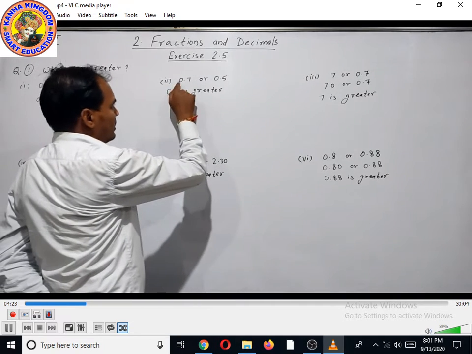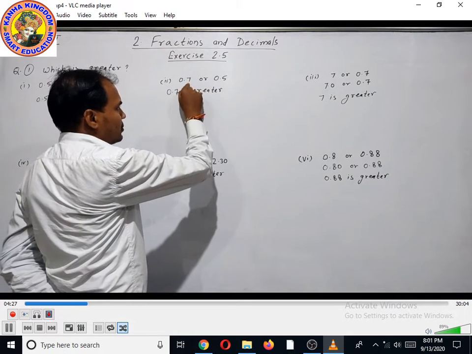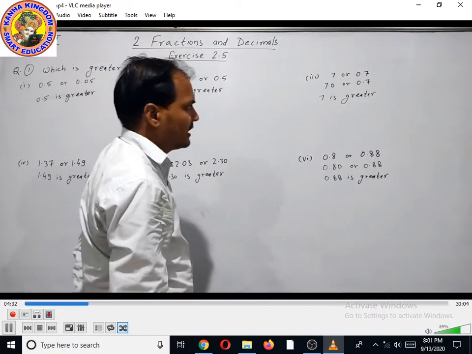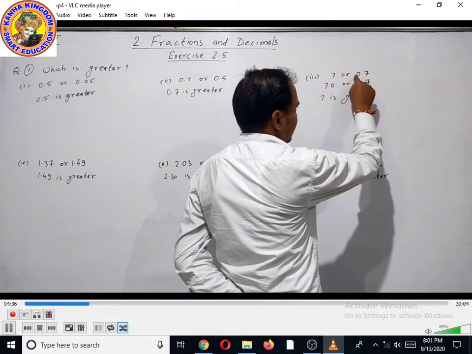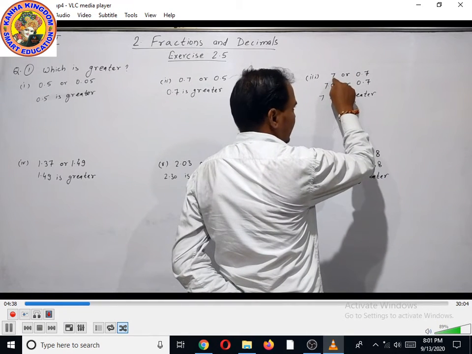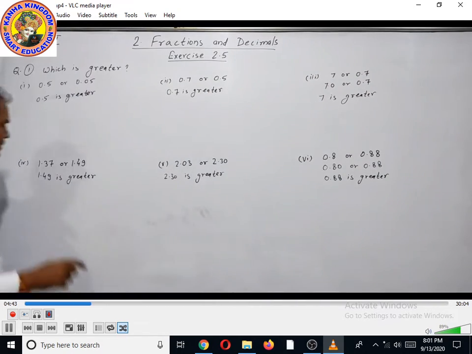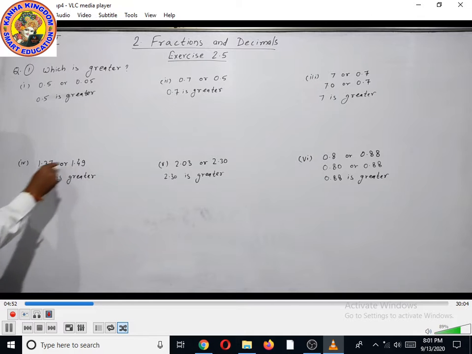In the next number, the integer parts 0 and 0 are equal. In the decimal part, 7 and 5, 7 is greater, so 0.7 is greater. Here the integer part is 7 and the other is 0, so 7 is greater. In the next question, the integer parts 1 and 1 are equal. In the decimal part, 3 and 4, 4 is greater, so 1.49 is greater.